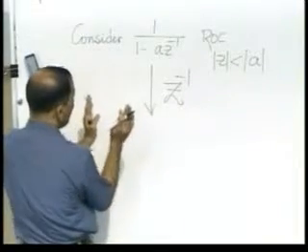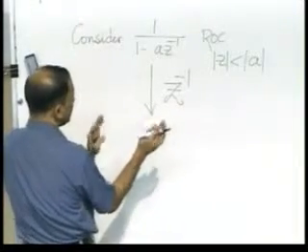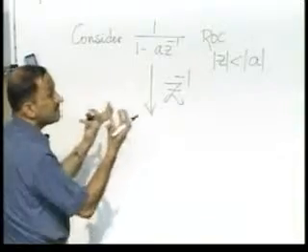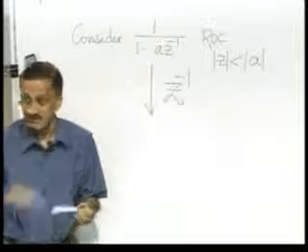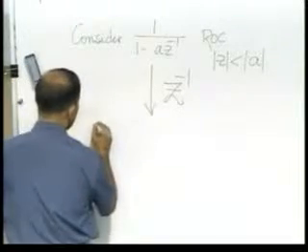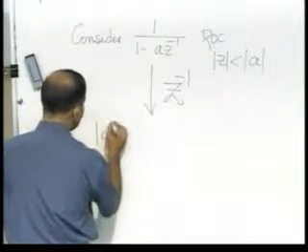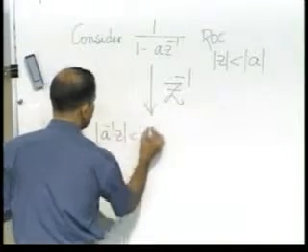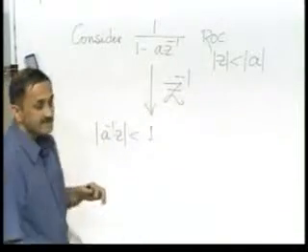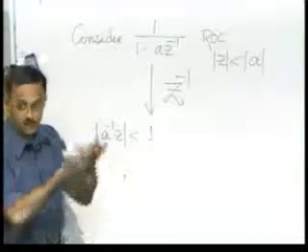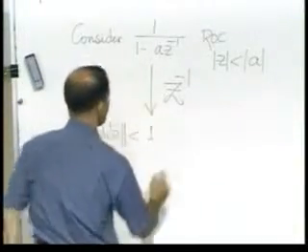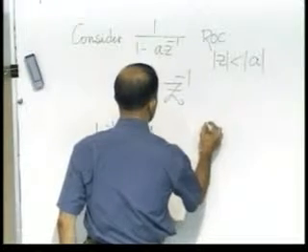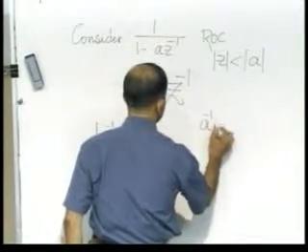So you see, since mod z is less than mod a, what is it that is less than 1? We need something that is less than 1 in magnitude for convergence. Well, mod a inverse z is less than 1 in magnitude. So let's rewrite this in terms of a inverse z. We multiply both numerator and denominator by a inverse z.